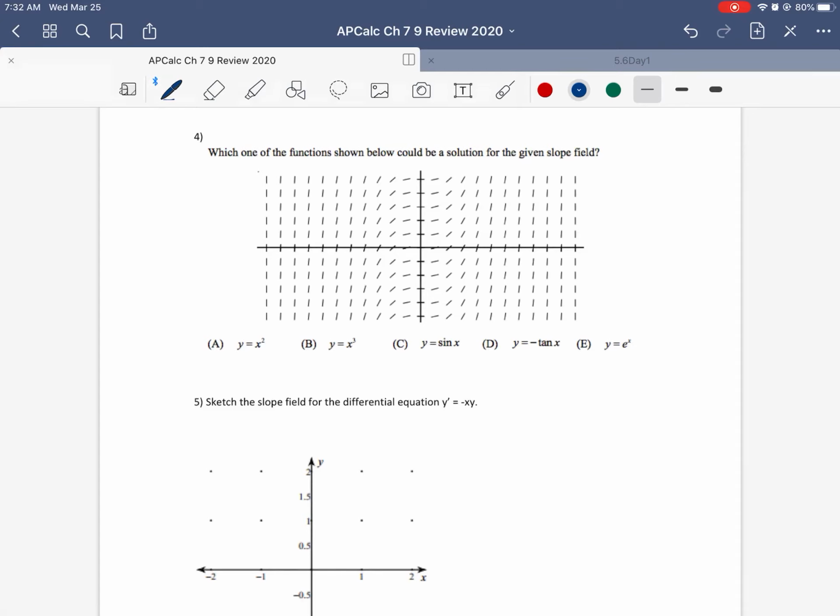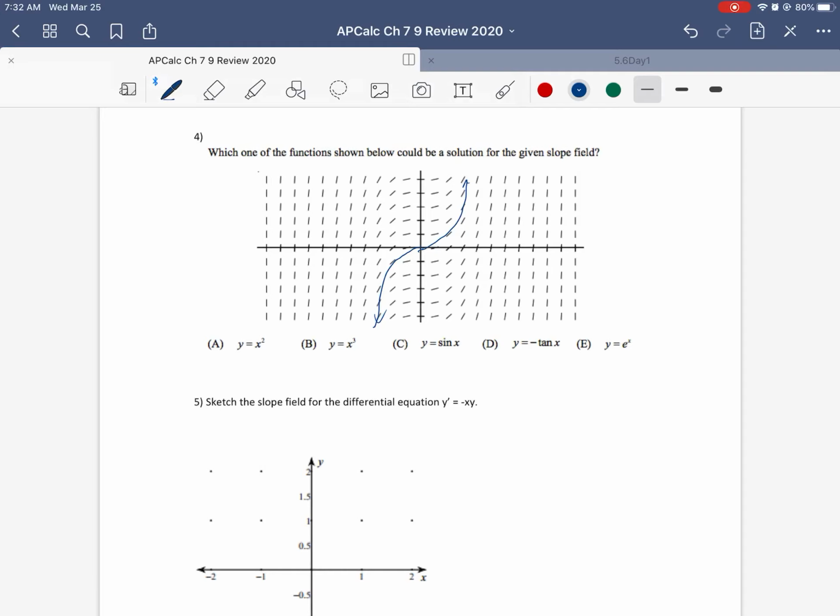Okay, so now we have slope fields. In the first example up top, number 4, a slope field is given and the original or regular equations are given, right? Not the differentials, not the slopes. For these types of problems, I like to look at the graph and ask what kind of pattern I see. I don't see a parabola. Maybe I see an x cubed.